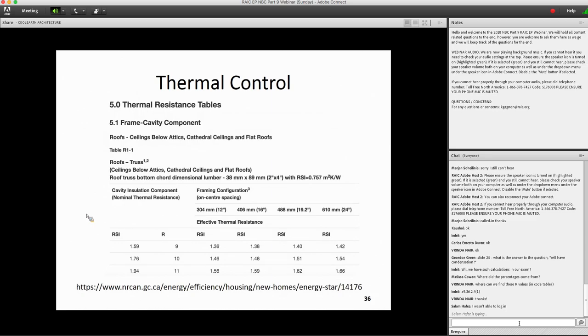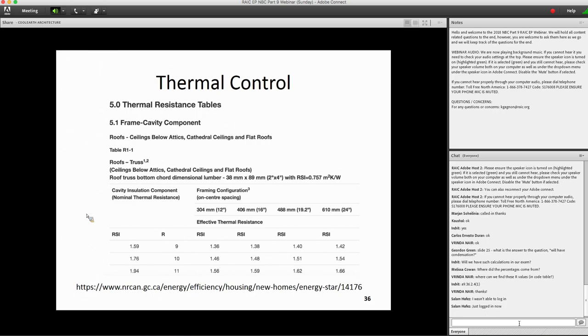So we do have in the code, there are notes in the Part 9 attribution tables, where you can find these calculations, and you can also find these calculations through the website of NRCan. You can also find R values for different assemblies, effective R values, and also nominal R values.